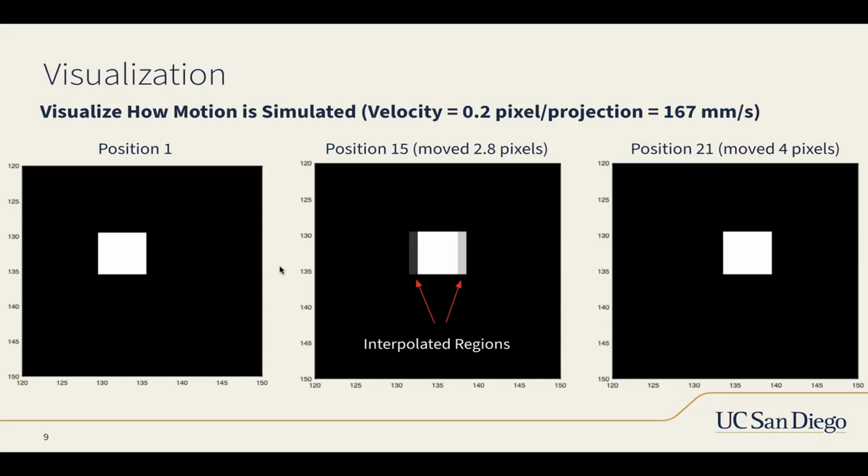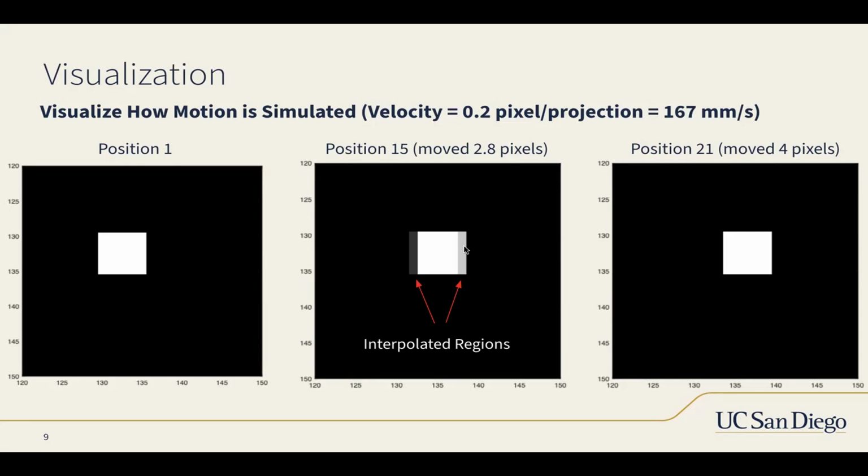The solution is a function in MATLAB called imtranslate. When you move a fractional amount, it can interpolate that value and figure out what the value is in that half step. It basically does this through averaging, taking the average between the two pixels on either side of that half step.